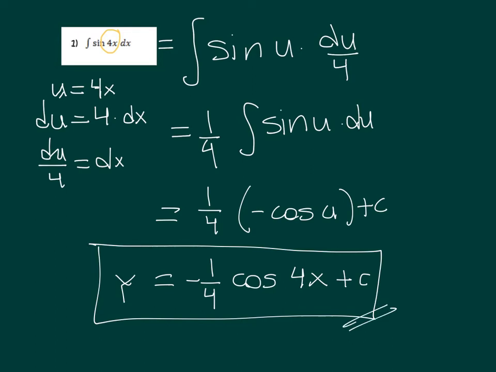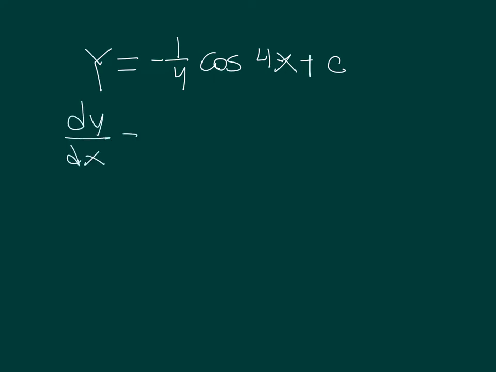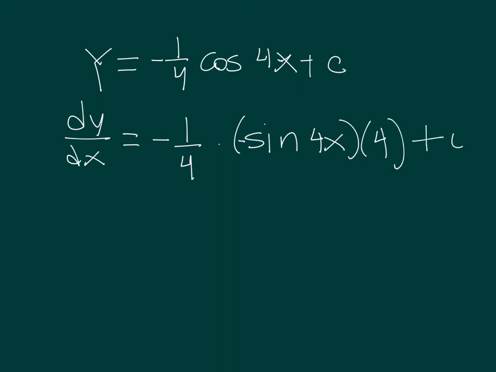Let's do the verifying. y equals negative 1 over 4 cosine of 4x plus c. dy over dx, which is the derivative, will be the constant times the derivative of the function, sine of 4x, times the derivative of the argument, which is 4, plus 0, which is the derivative of c.